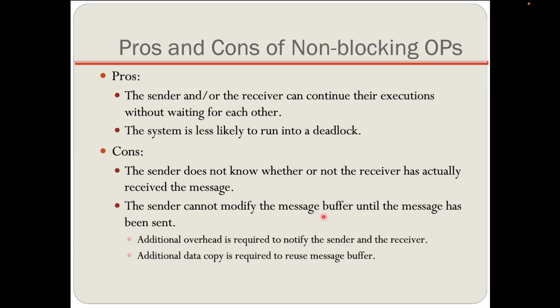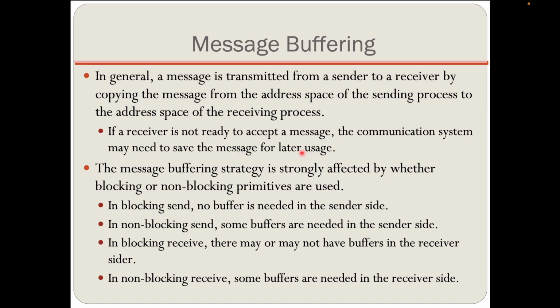If a receiver is not ready to accept, then the communication system may need to keep the message for later for the receiver to see. So the communication system may need to have a buffer. The buffering strategy will affect the implementation of this primitive.